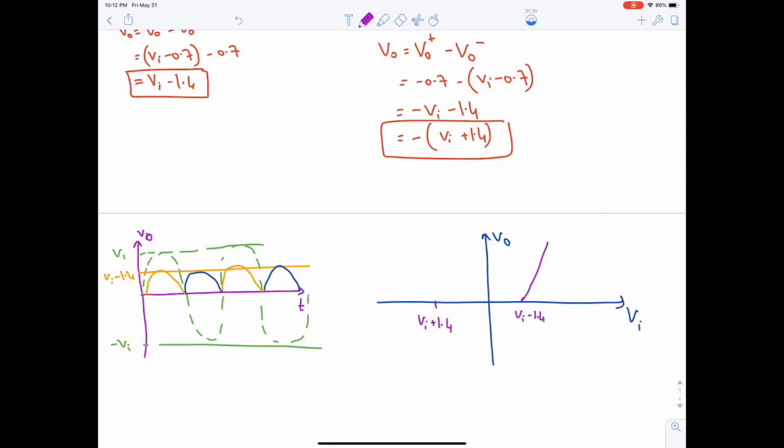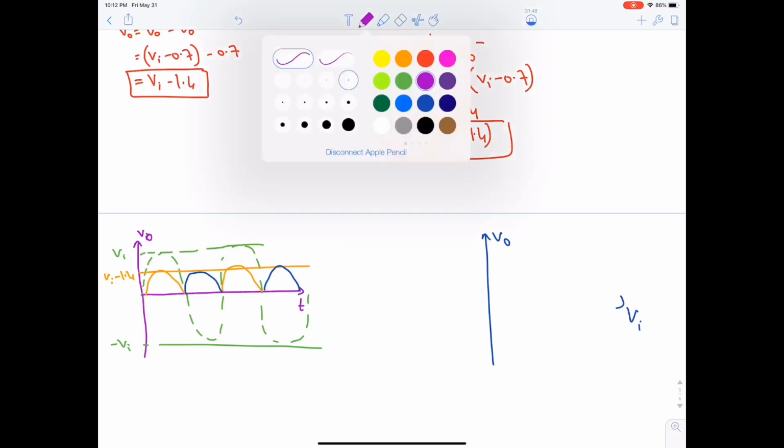Sorry, it's not like this, right? Or it is like this? No, it's not like this. We have to put only the numbers actually. Let me redraw it again.